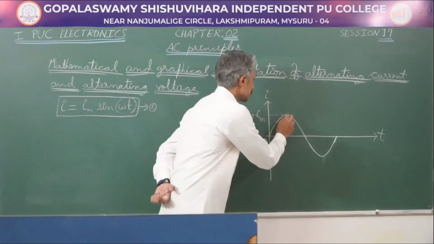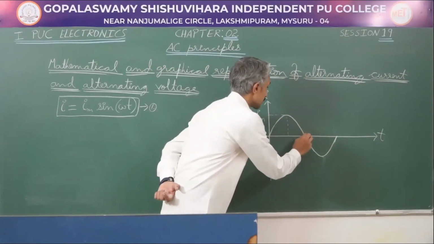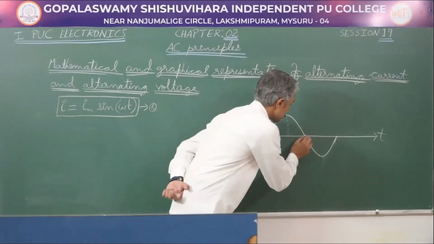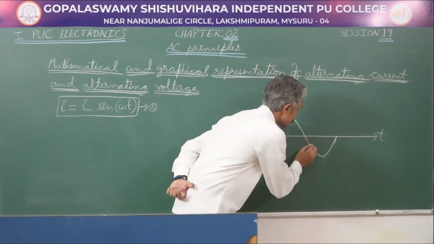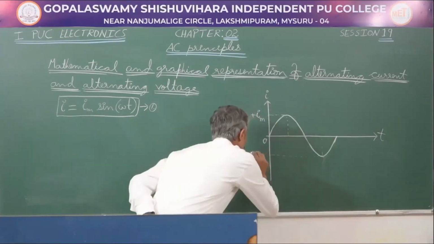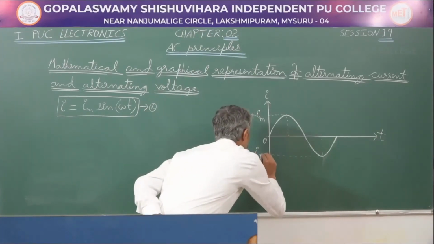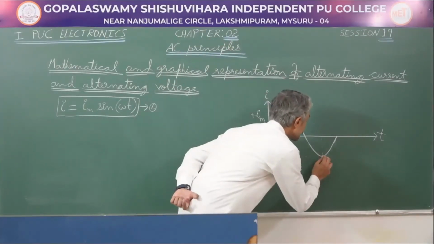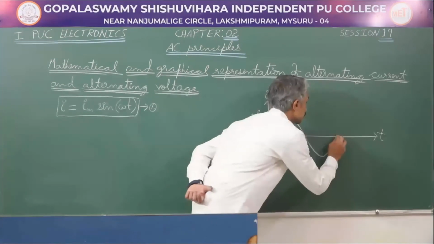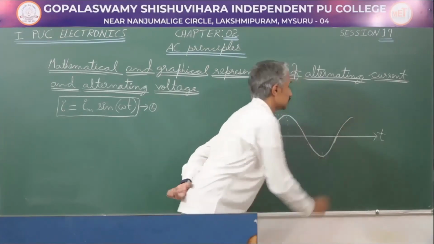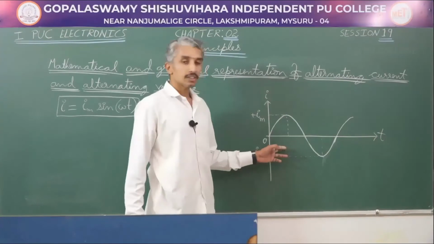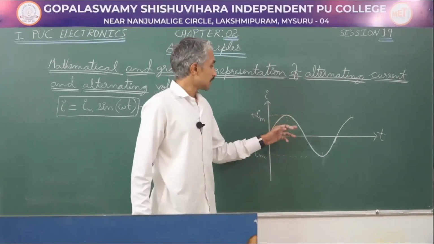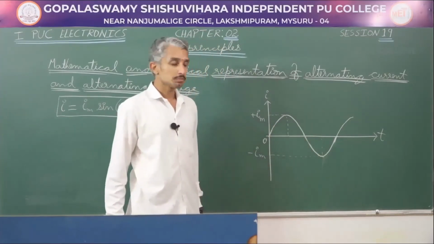Further, as time proceeds, the current value decreases from maximum to 0, and then decreases from 0 to negative maximum, which is minus of the maximum value of current, and further it increases from negative maximum to 0 and it continues. In this way alternating current changes its magnitude as well as polarity with time.